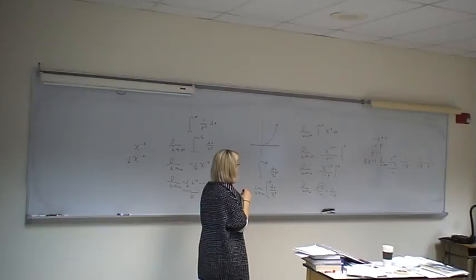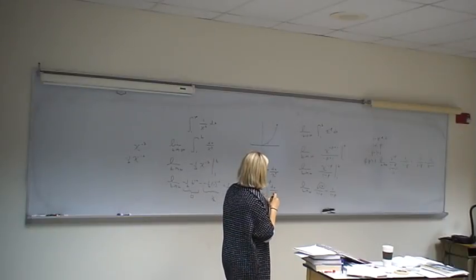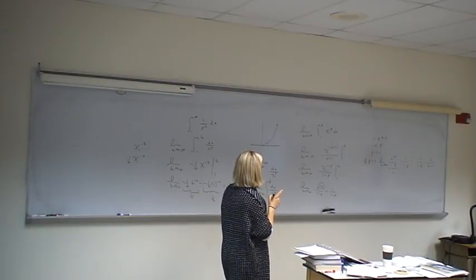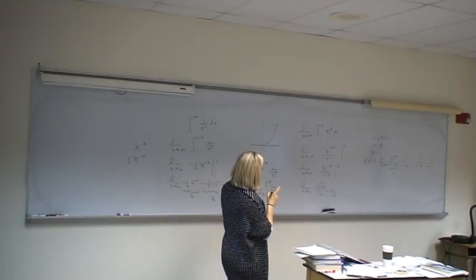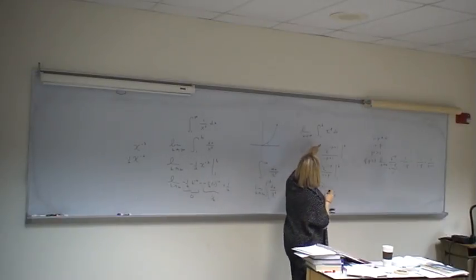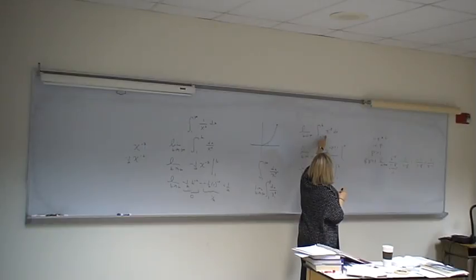Why am I missing a negative sign? Oh, no, it's p. So I raised the power by one, so I got negative p plus one, and I'm dividing by negative p plus one, from one to b.